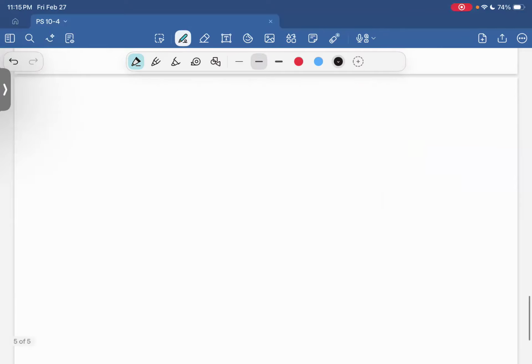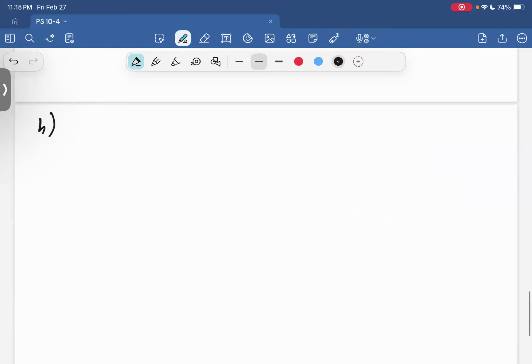Okay, next H. Now my vertices are at -4, 1 and 0, 1. My asymptotes will pass through the center there with slope 1 and -1.